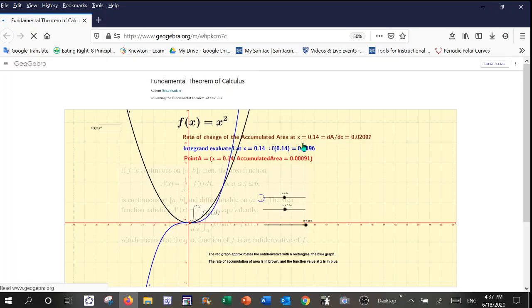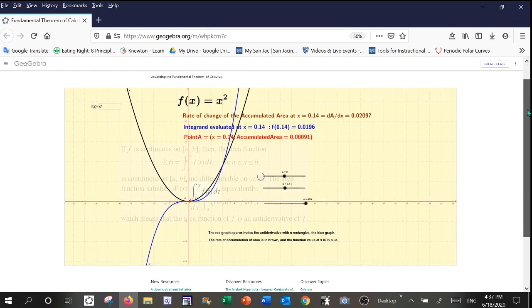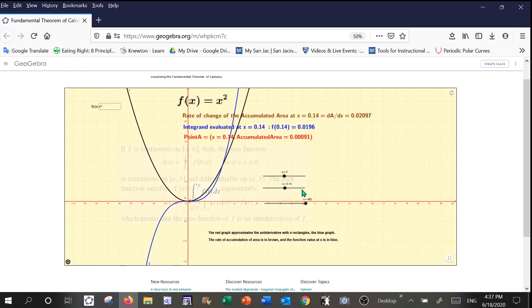You can even download this program from the PowerPoint file and play with it. Here you can change the number of rectangles, you can change the upper limit of this definite integral, and see how this is moving, right?